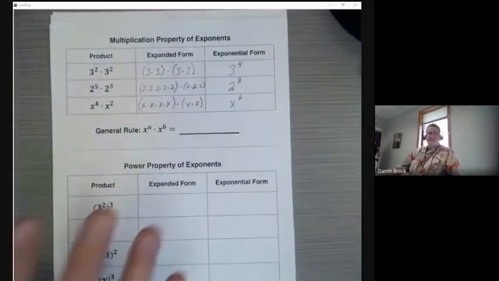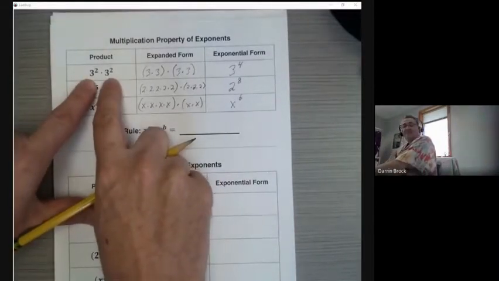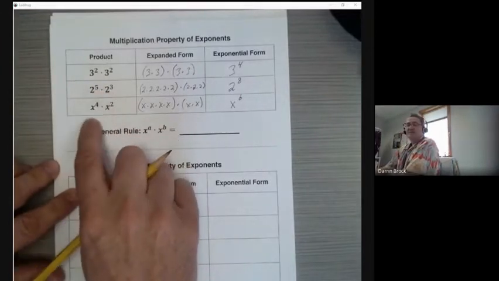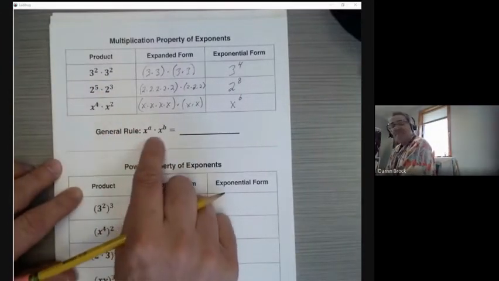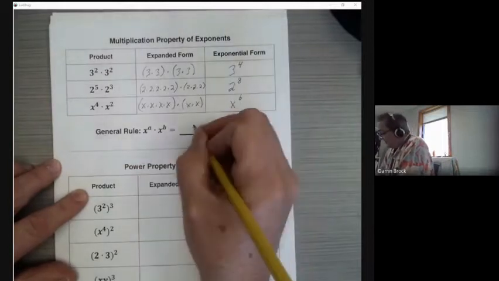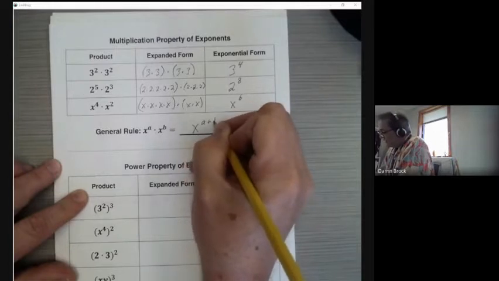So the basic general rule for when you're multiplying two exponents with the same base, right? These are both base 3. These are both base 2. The same base x. You have to have the same base. But if you have x to the a power times x to the b power, that is the same as x to the a plus b.